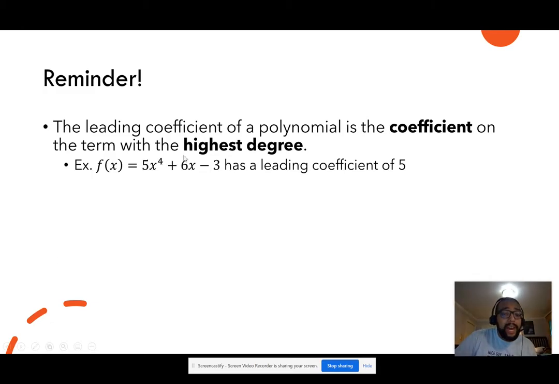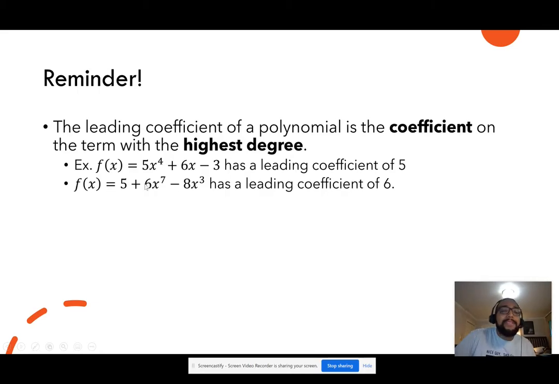While yes, 5 and 6 are coefficients, and negative 3 is not a coefficient, 5 is my leading coefficient. Same thing if I gave you 5 plus 6x to the 7th minus 8x cubed. That has a leading coefficient of 6.